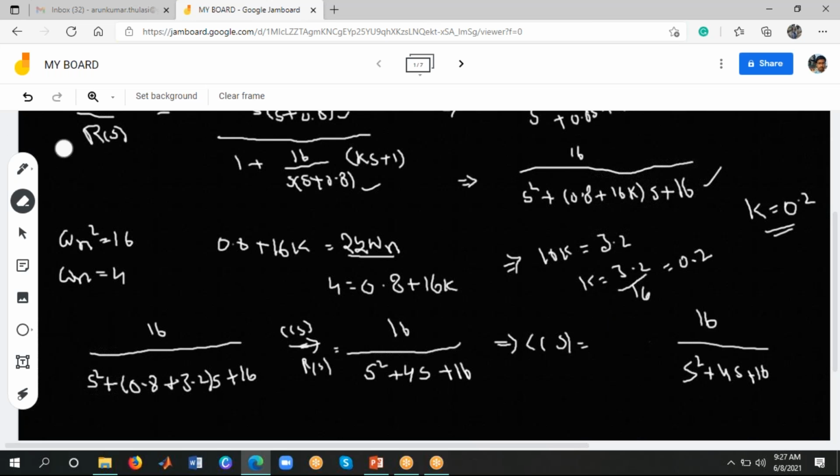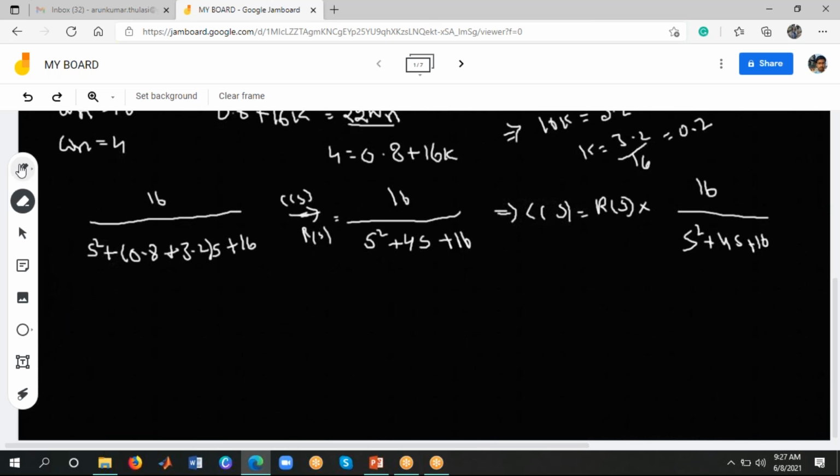So here I am going to substitute R of s by 1 by s. So C of s is equal to 16 divided by s into s square plus 4s plus 16.